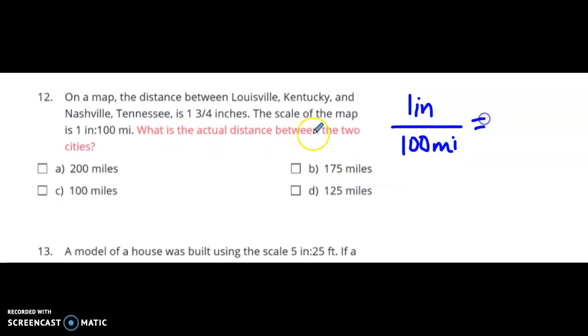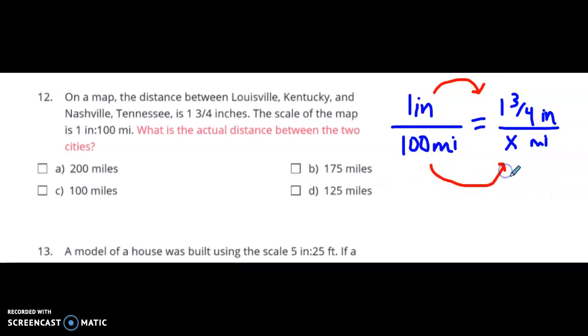So on the map, we know it's 1 3/4 of an inch. We want to know the actual distance, so how many miles. Okay. Well, we can do 1 times 1 3/4, which means we have to do 100 times 1 3/4.